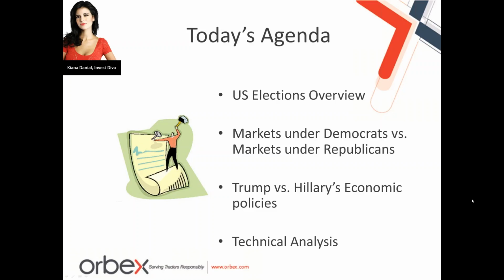That's good. For those of you who are not from the U.S., I'm just going to give a little bit of an overview of what's going on and why there are volatile times politically.